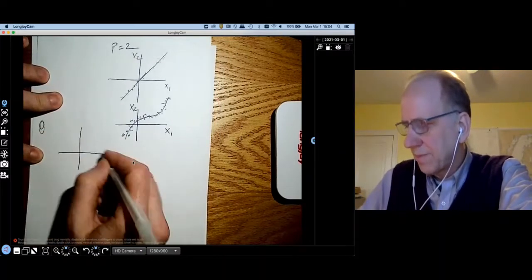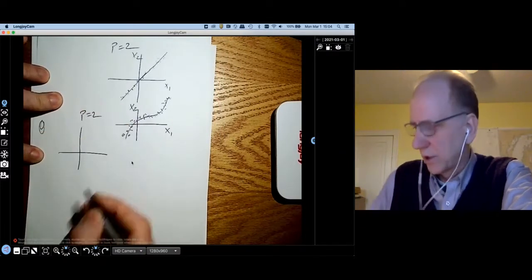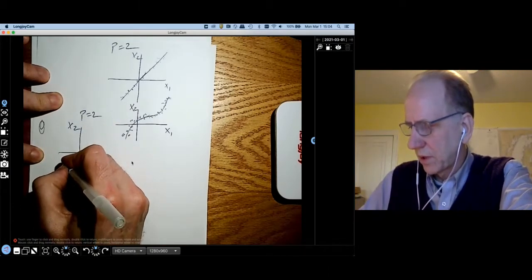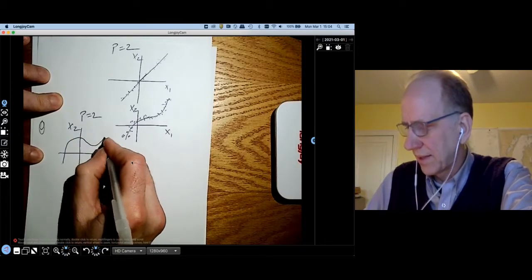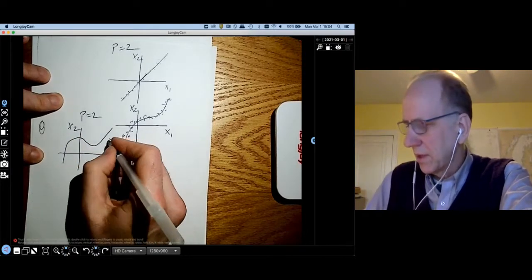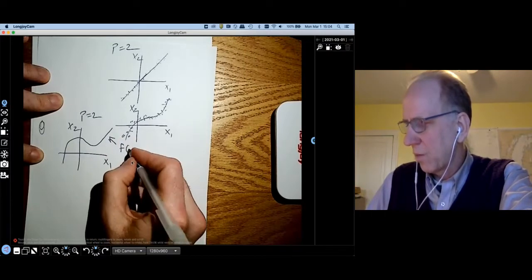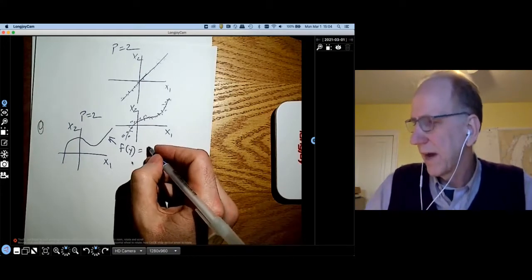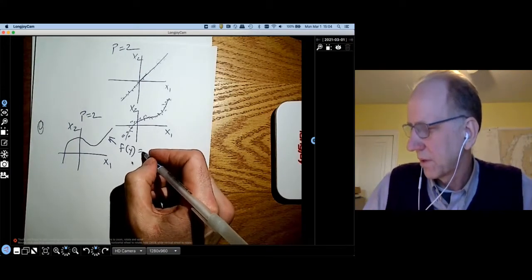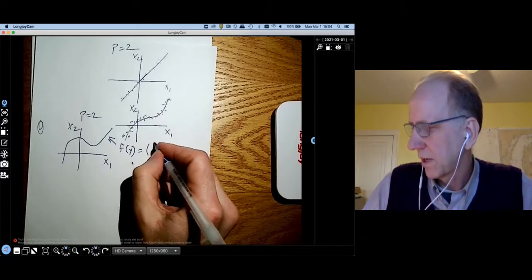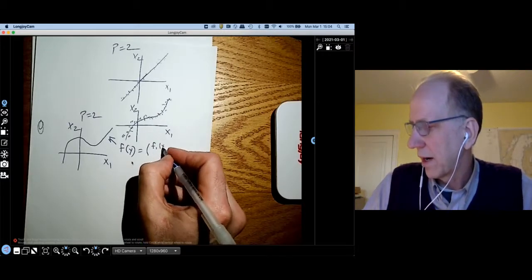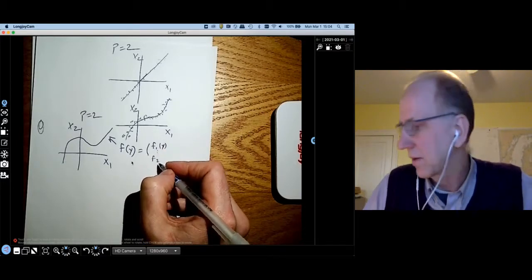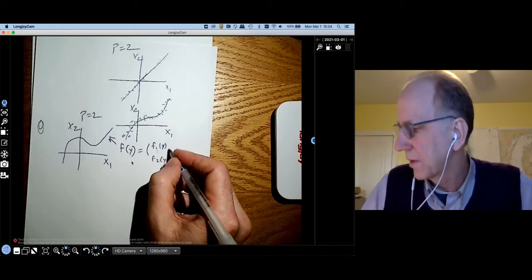If we had p equal to 2 dimensions, here's x1, x2, and we'll just give ourselves a curve. Maybe the curve looks something like that. That's a nice curve. So this is f at y, which is going to be some vector: f1 at y, and in my case I only have 2 of them, f2 at y.